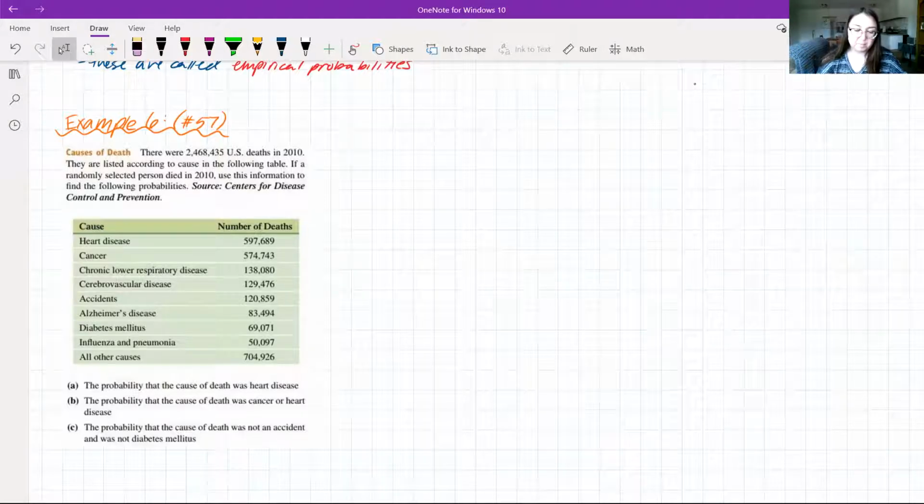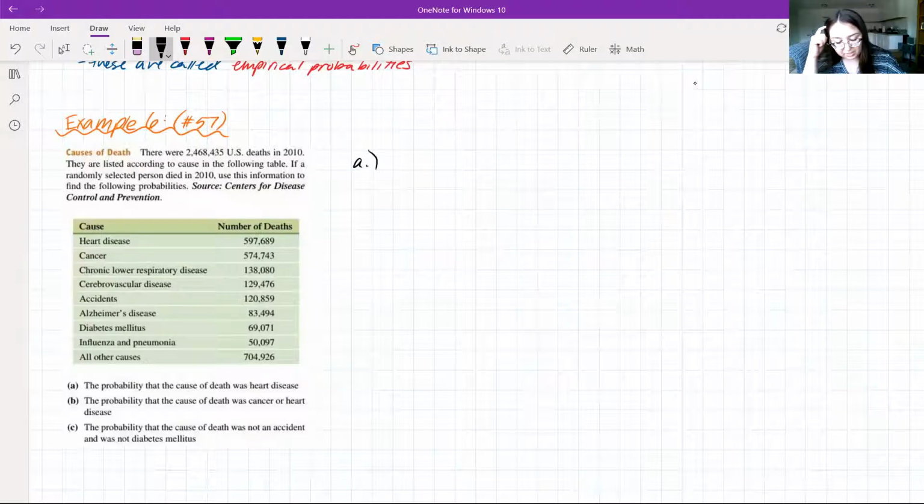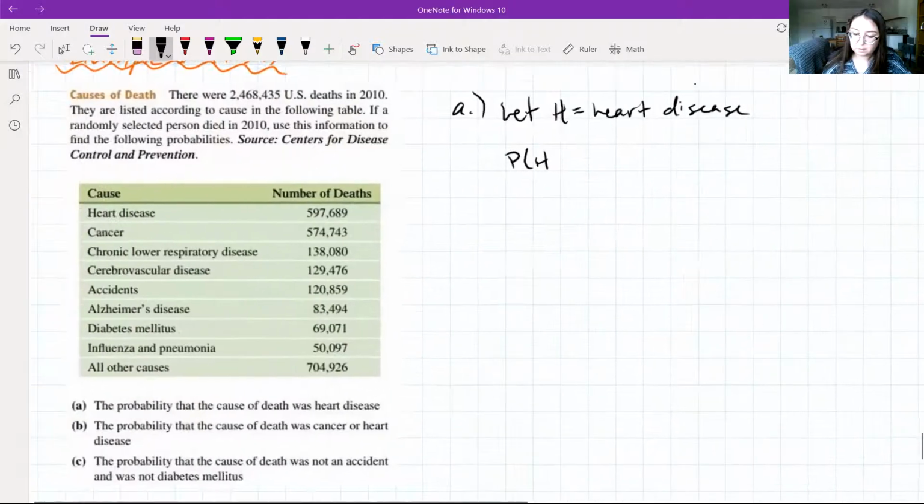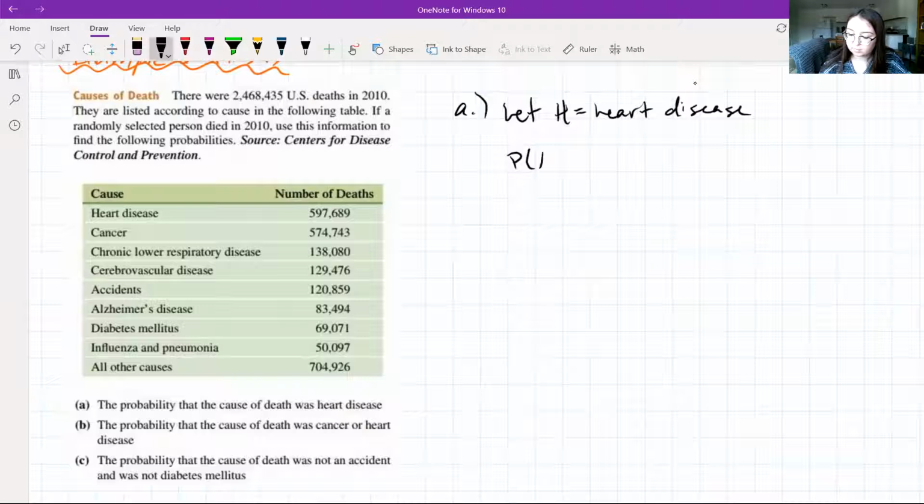So for part A, what we want to do is find the probability that the cause of death is heart disease. So we're going to let H equal heart disease, and what we're doing is finding the probability of H. Now, we know our sample size.